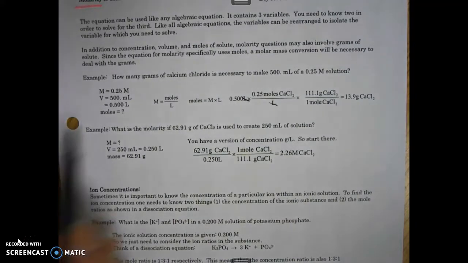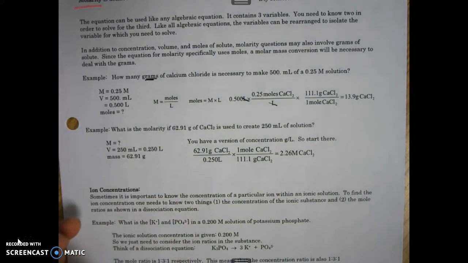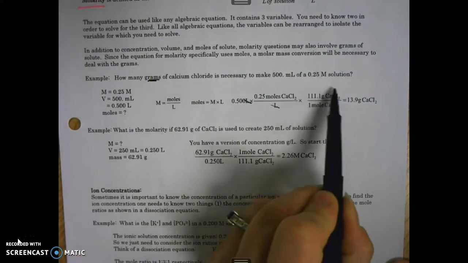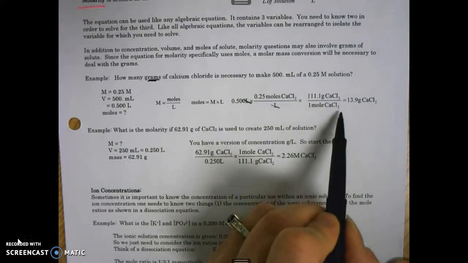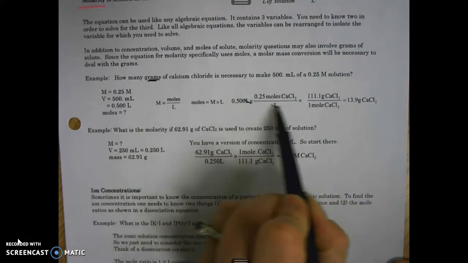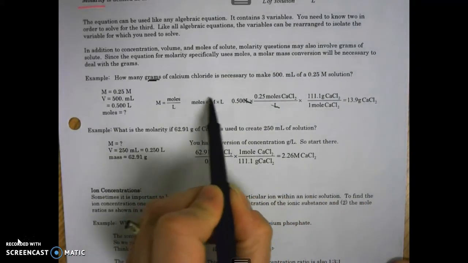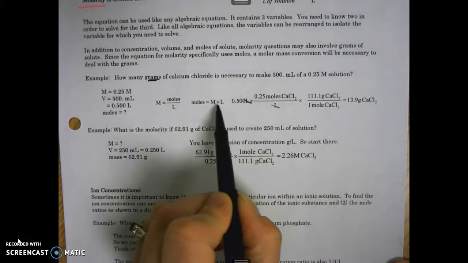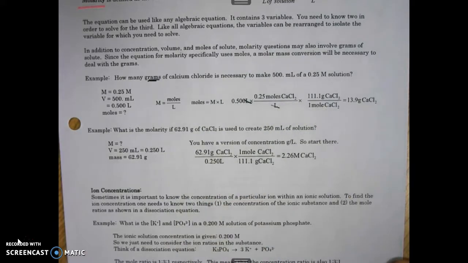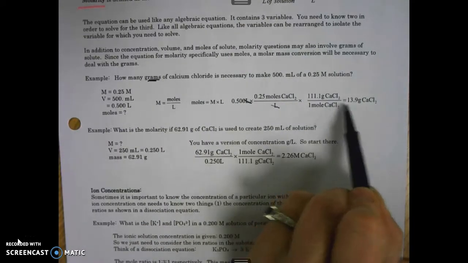But I'm not done with the question, because the question was how many grams of calcium chloride. So one more step is to use the molar mass to get to grams. Notice that I took this algebraic equation, set it up to solve for moles, but kept going as a dimensional analysis problem to get to grams.